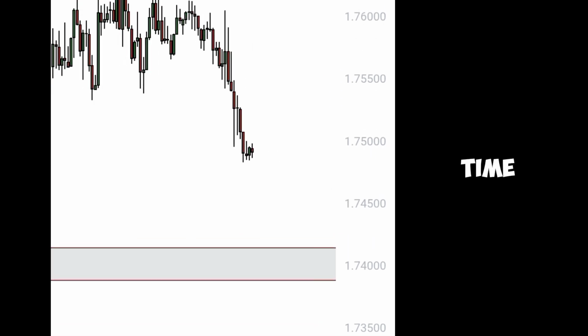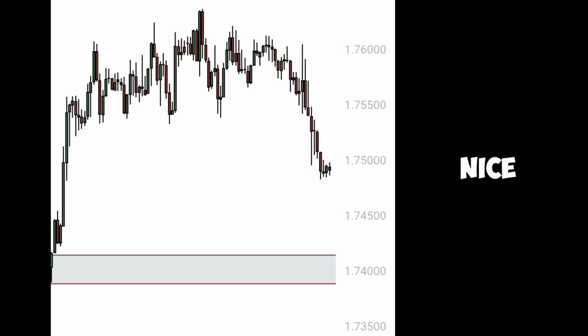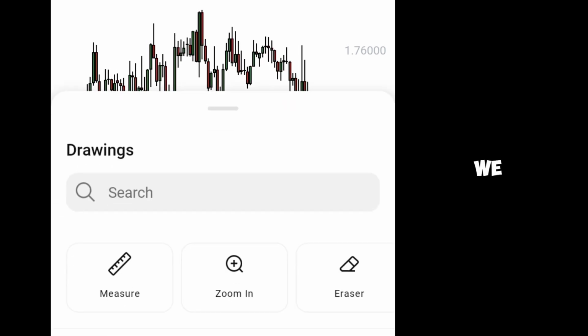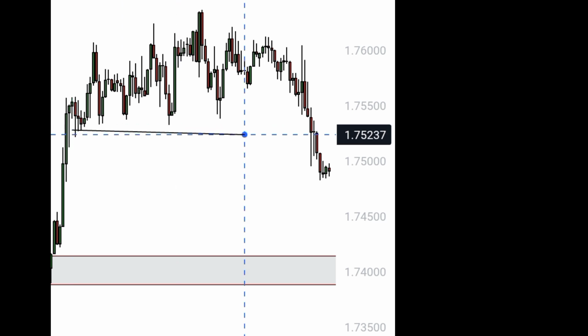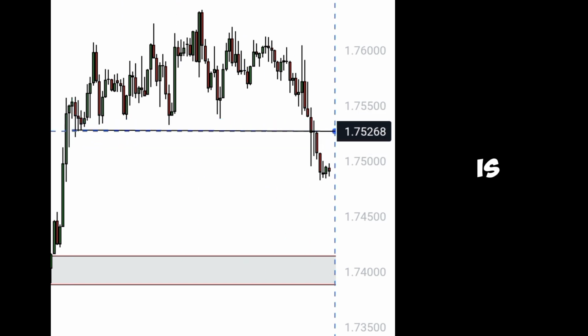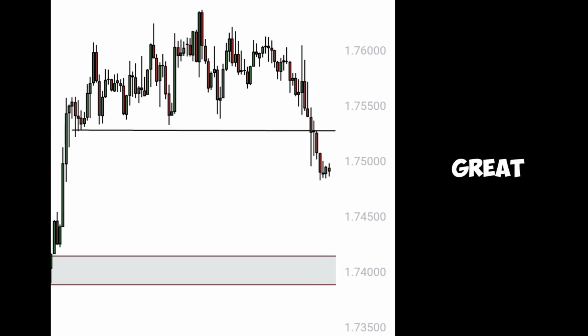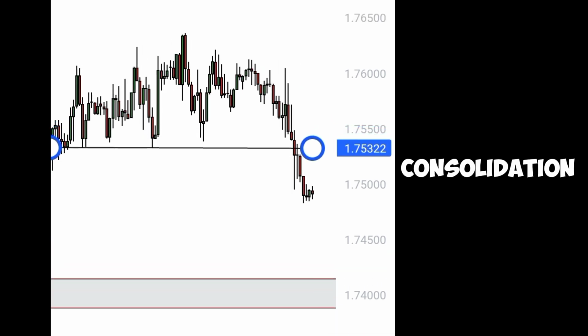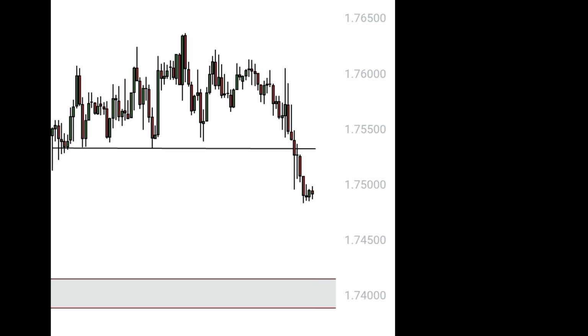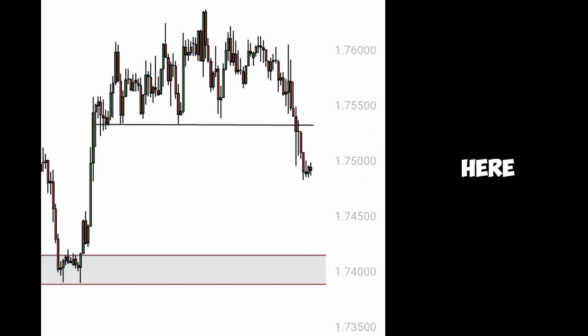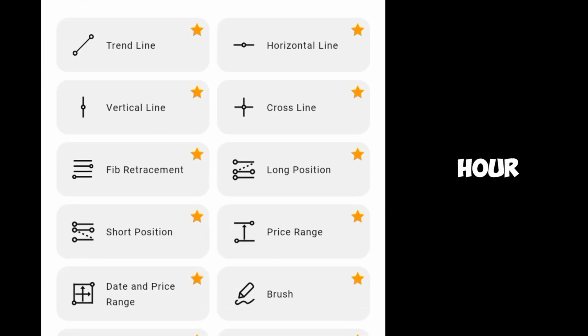In the 1-hour time frame, I'm not seeing anything too nice, but what I've seen here is that we have broken a very strong area, which is a great break of structure from this consolidation. We noticed that there was a consolidation right here on the 1-hour time frame.